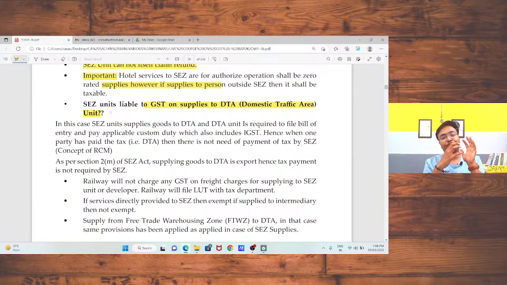A special economic zone is nothing but a business area where the volume of business is high, or which is related to the export of products. In that case, the government shall declare that area as an SEZ, special economic zone developer, or special economic zone unit.